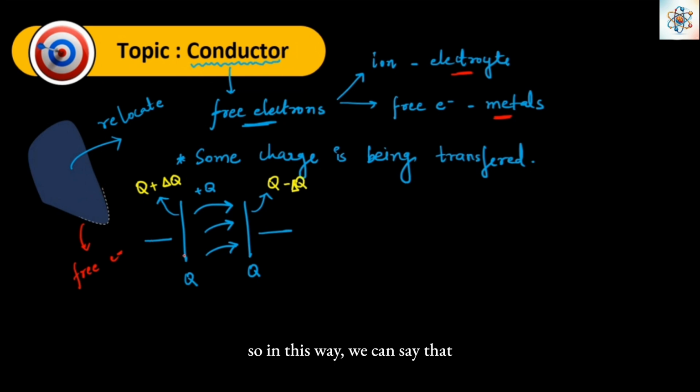In this way, if electrons get transferred, then some charge is being transferred. So we can also calculate the charge which is going to be transferred between the plates or the conductors.